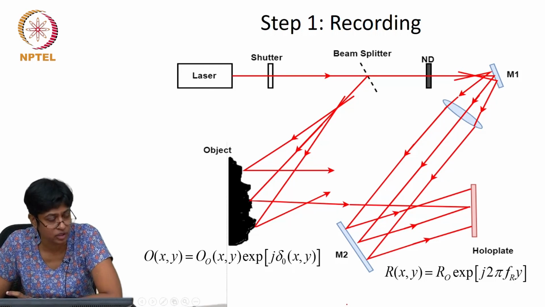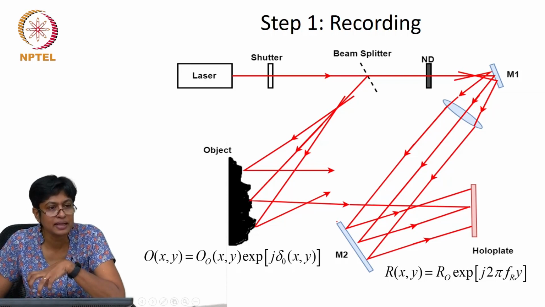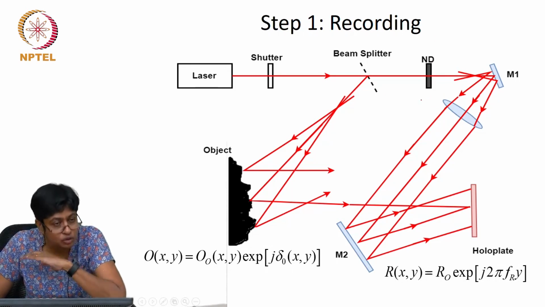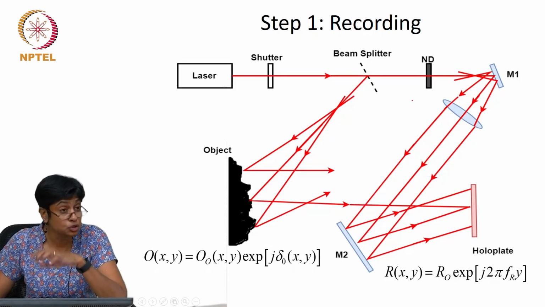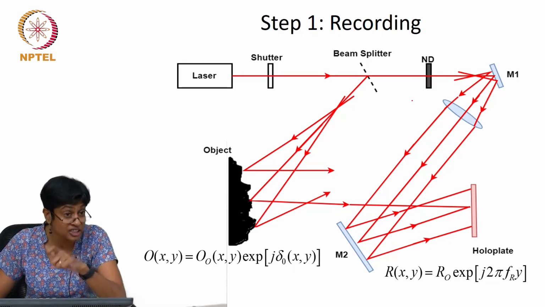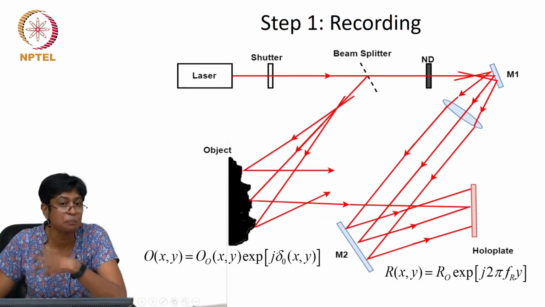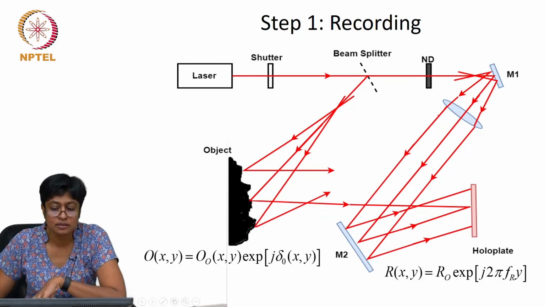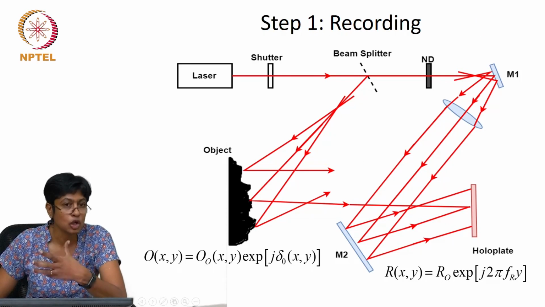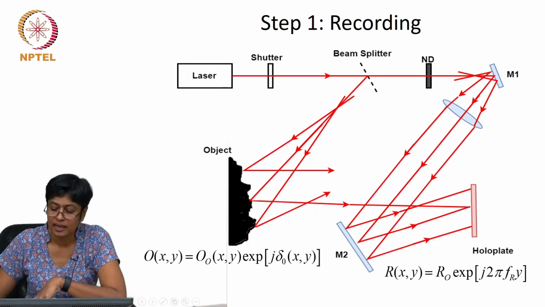One is scattering off an object. You would not be surprised if you said that's the weaker beam reaching the holo plate, and therefore you usually will have a filter here that just uniformly cuts the intensity. It's usually a variable filter. You can change how much you cut depending on how much gets reflected off your object or the type of object you're looking at. And therefore, you're losing light in this arm, so that the intensities in both arms are closer in value. And that interference pattern now gets recorded here.